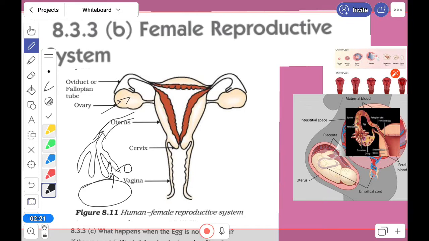It stays here and waits for sperm. If fertilization takes place, then it goes inside the uterus for implantation. Implantation will take place here. So this is the basic anatomy of the reproductive system.